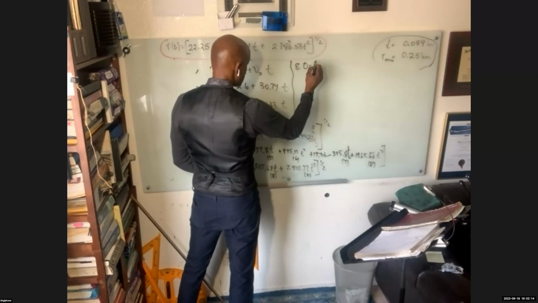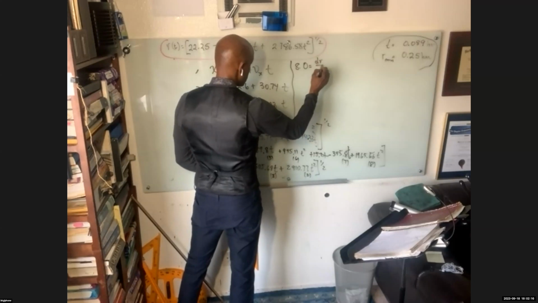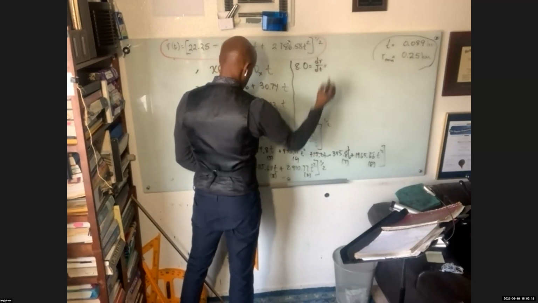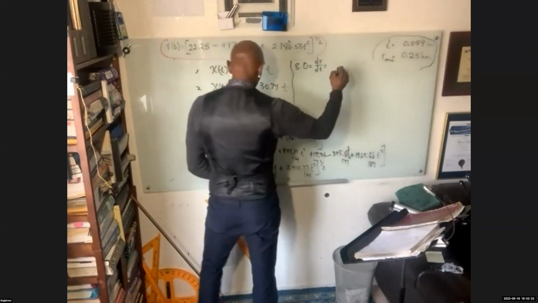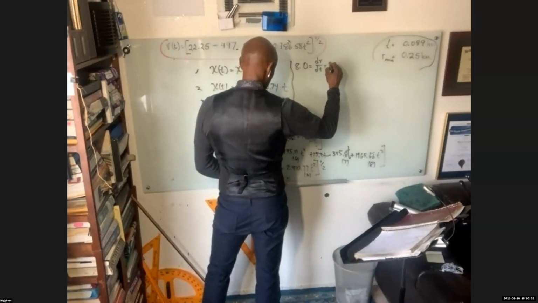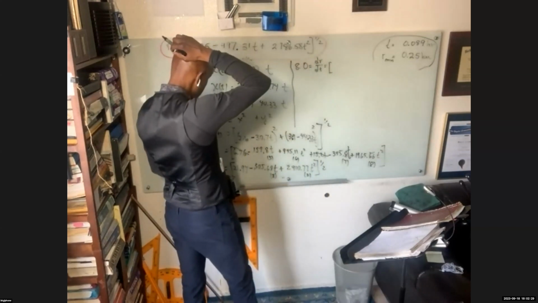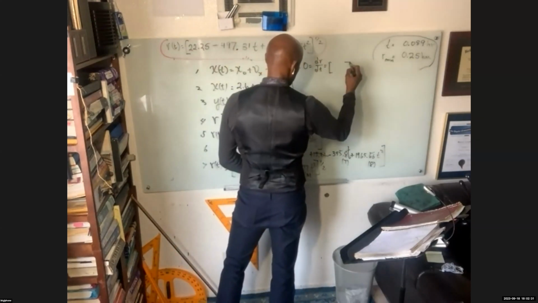Zero equals dr dt, and that's going to be equal to, well, I know that's going to go out, so I'm just going to put that in the brackets.